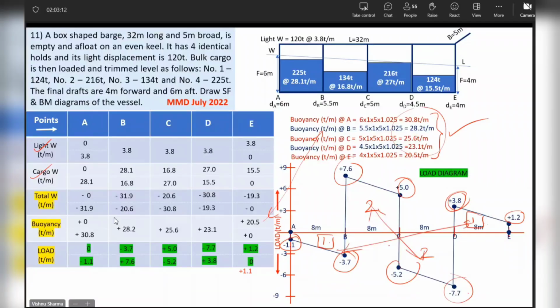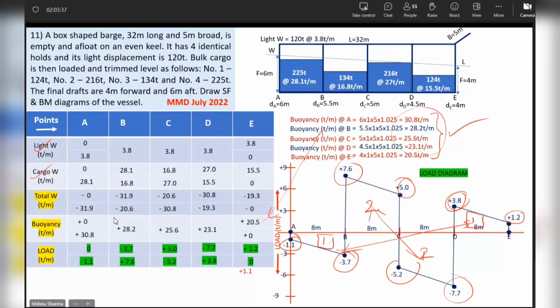The slight variance is because of the rounding off issue. Have you understood better? You can see in the diagram that positive areas and negative areas have to be equal in the load diagram, and therefore whatever is the slight variance, that's a rounding off impact. I'm not deterred by that.